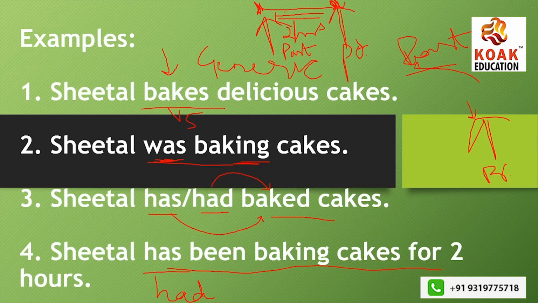Now the 2 hours are over, she has stopped baking. But if has is there, it means she is still baking cakes. The action is still on, and we don't know till when it will continue. That is important. So this is what I was talking about.